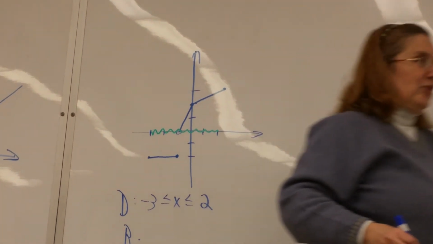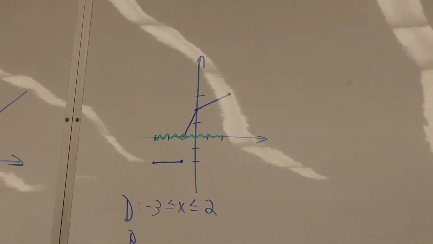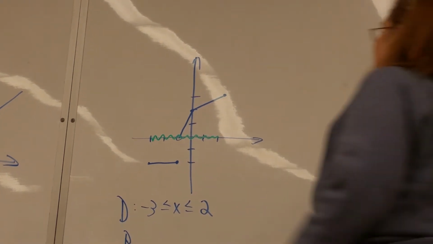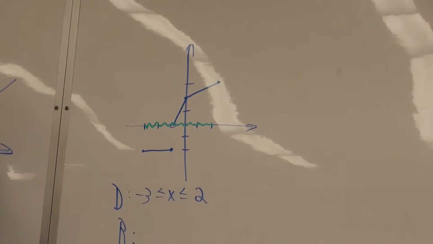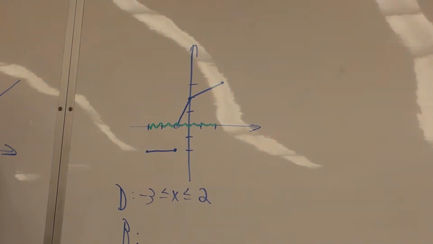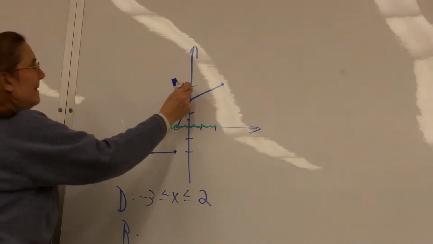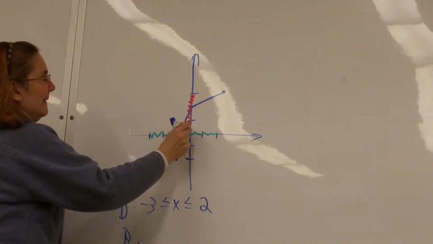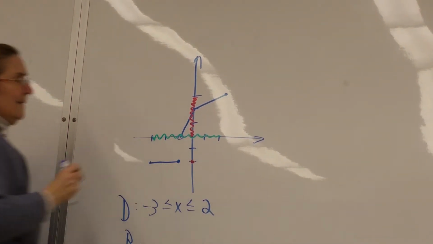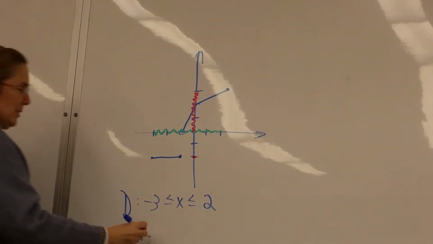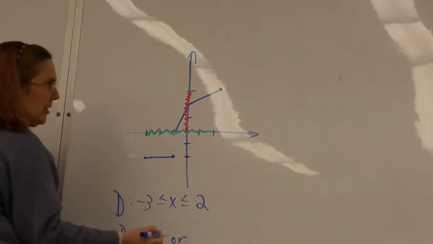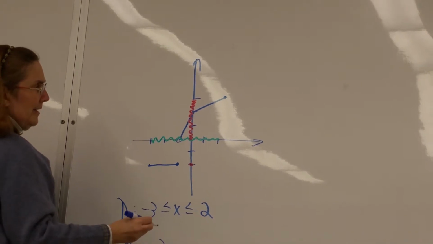To find the range, smush all the points into the y-axis. What would be covered on the y-axis? -2 or 0, 3.